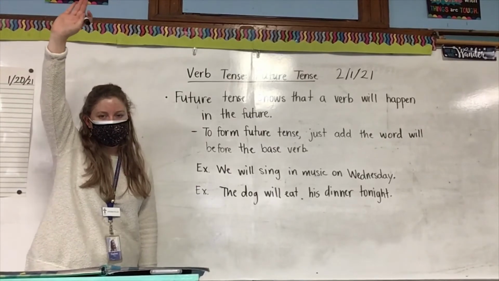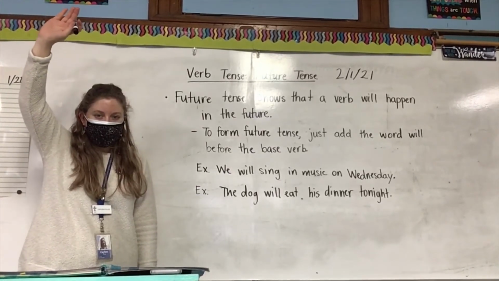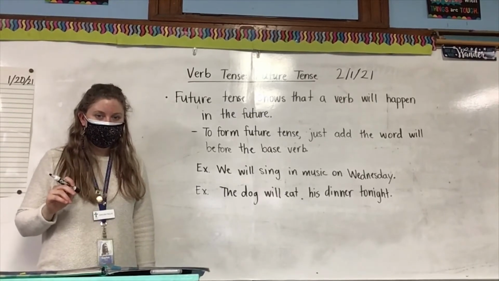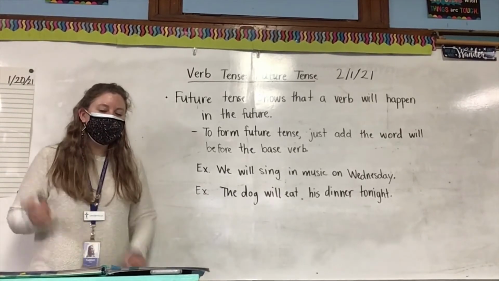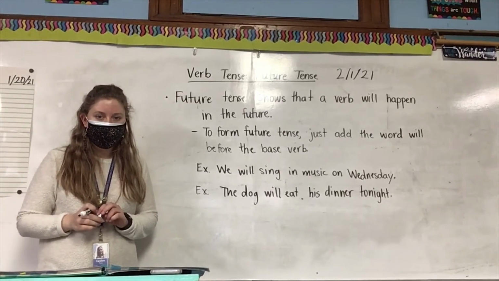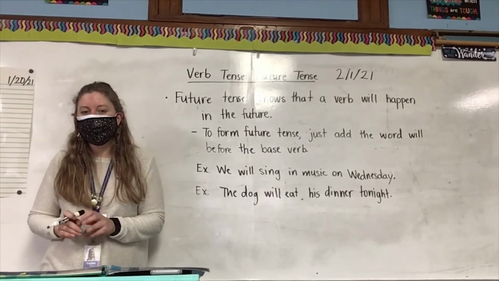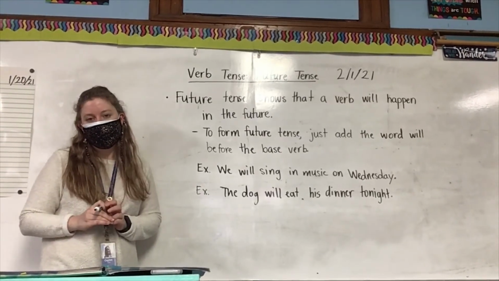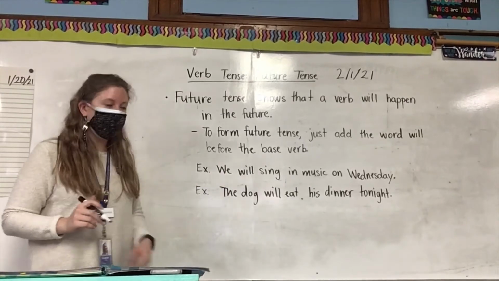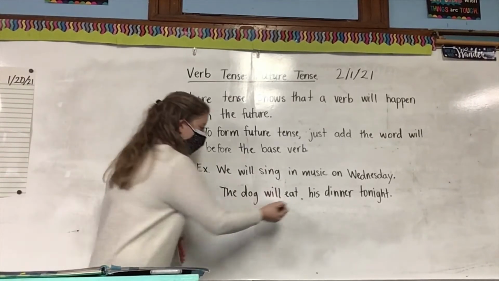Who or what is the sentence about? The sentence is about the dog. Is that a singular or a plural subject? It is a singular subject, because we're talking about how many dogs? One, the dog. And again, we have our base verb, eat, and we just added will.